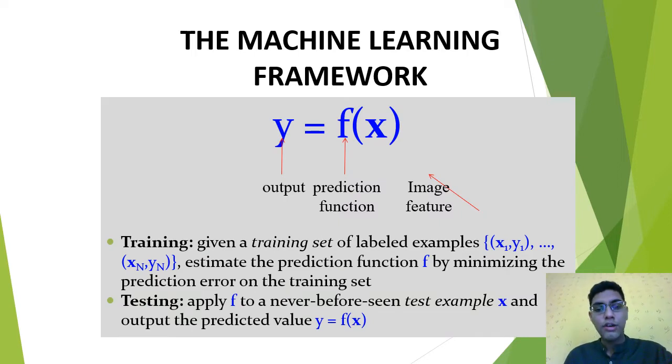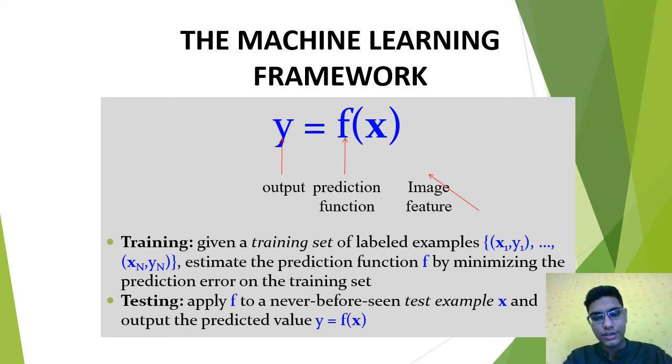This is the formula where y is your desired output, f is the prediction function, and x is the image feature. So the image feature, or the image you want to test, or the image for which you are going through the training, will be processed by the prediction function, and y will be the output. So what is training?